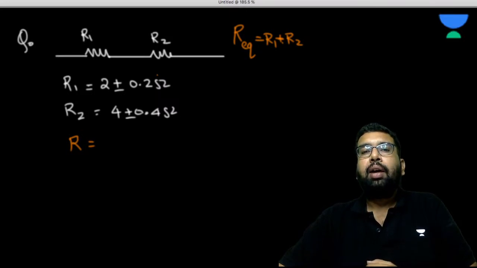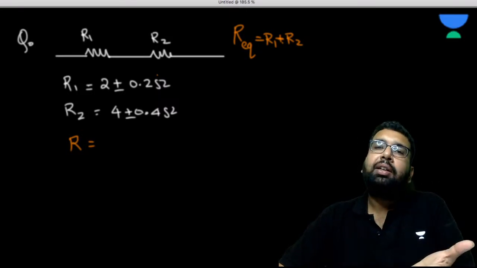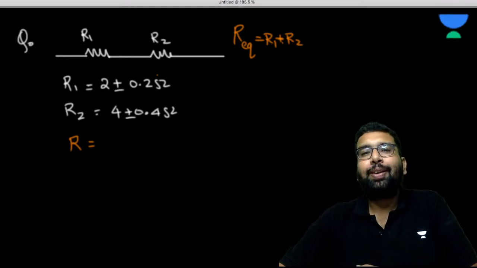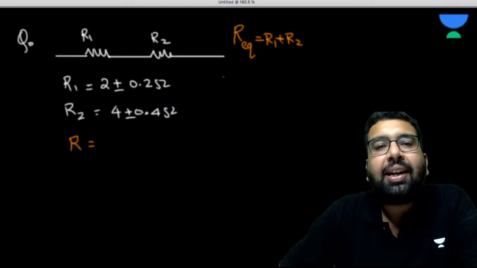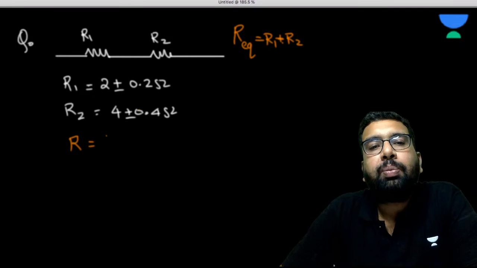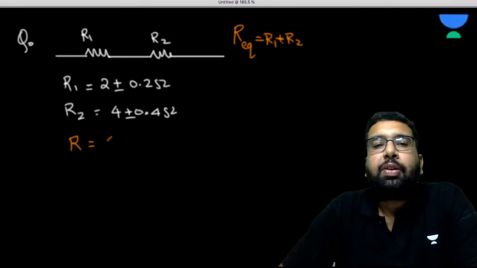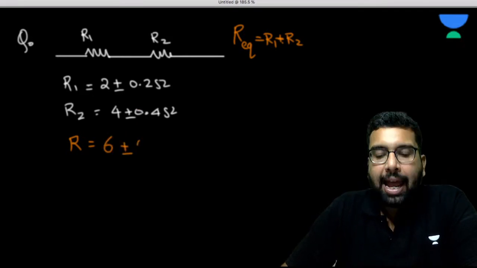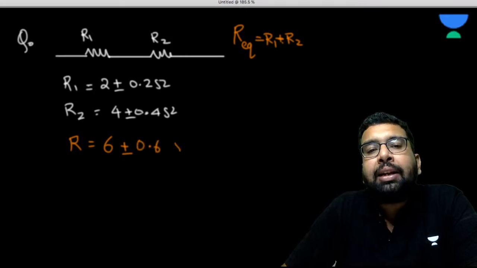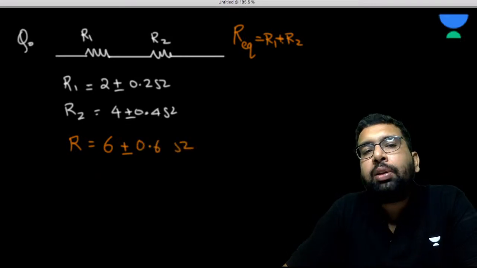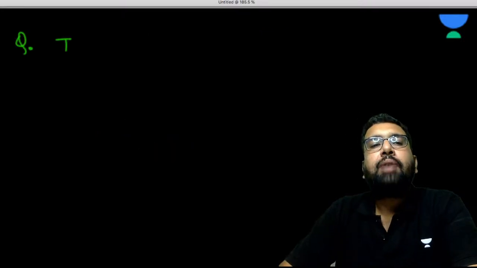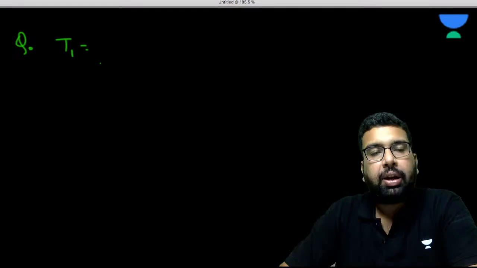Okay. Arey, what is the need of that? We have done this in 7th, 8th class, no? So R equivalent is R1 plus R2. This is going to be how much? See, you add the true value and then you add the errors. Very simple, isn't it? What can be simpler than this? Whether it is addition or subtraction, errors are always added.